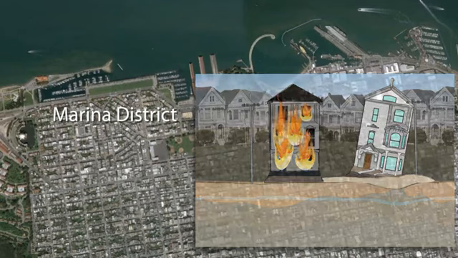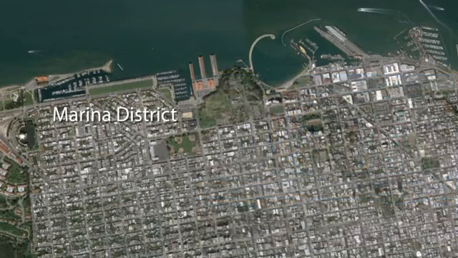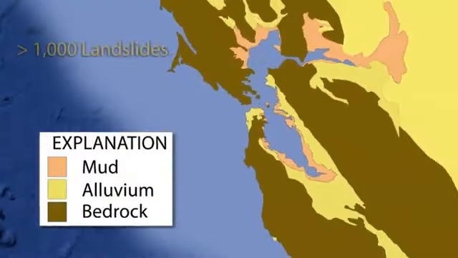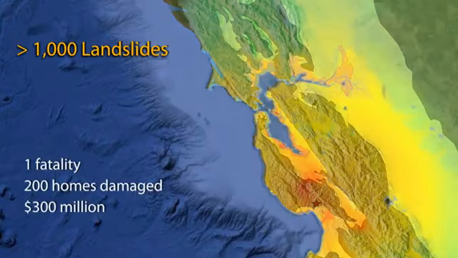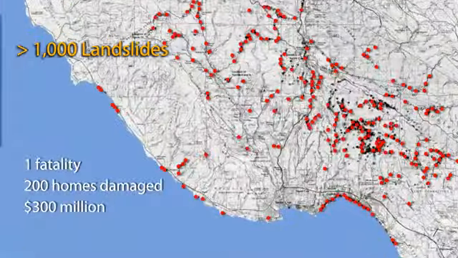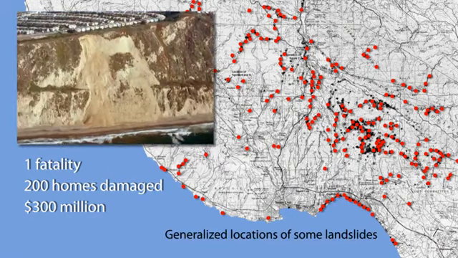So, the soil and rock that your house is built on has a major influence on earthquake intensity and potential damage due to ground shaking. Following the earthquake and during aftershocks, over 1,000 landslides were reported, mostly near the epicenter in the steep terrain of the Santa Cruz Mountains and along the rocky bluffs of the Pacific Ocean.